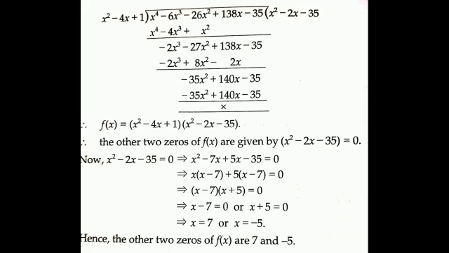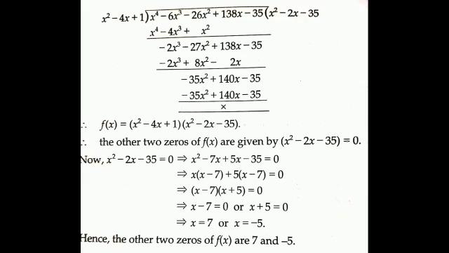To find the other factors of the polynomial f(x), we will have to divide f(x) by x square minus 4x plus 1. And here is the division. Dividend here is x raised to the power 4 minus 6x cube minus 26x square plus 138x minus 35, and divisor is x square minus 4x plus 1.